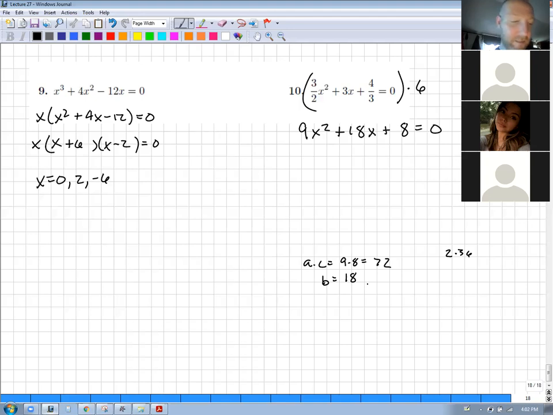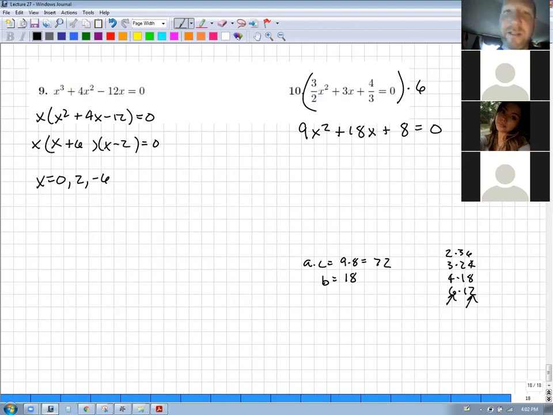Hold on. Let's see, 72, 3 and 24. That doesn't work. It's 18 and 4. 4 times 18. Yeah, they multiply to be 72, but 4 plus 18 is a 22. Yeah, it isn't. 6 times 12. So there's our P and our Q. They add up to be 18.